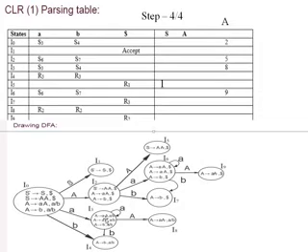Next, capital A tends to dot small a capital A. So you come to I3, and the process that happened is dot small a capital A. So in place of small a you write S3. Here, in place of terminals you write S1, S2, S3, S4 like that. In place of non-terminals, S and A, you write numbers 1, 2, 3, 4 like that.